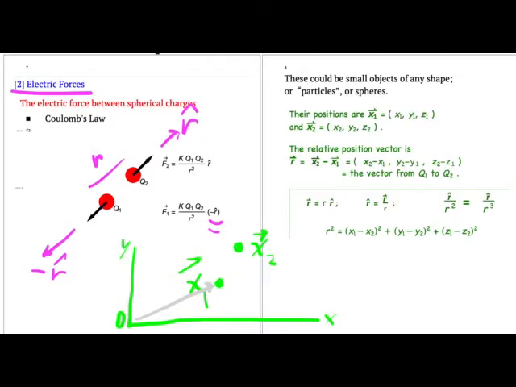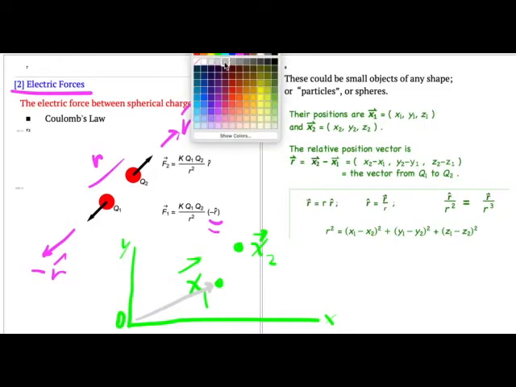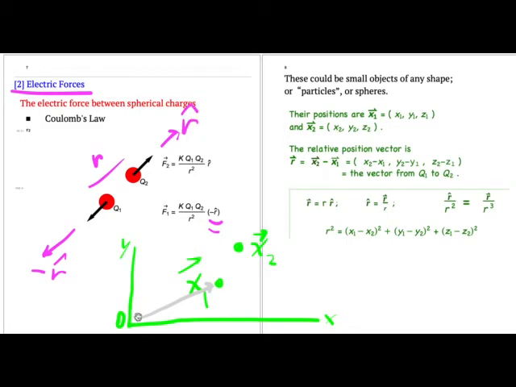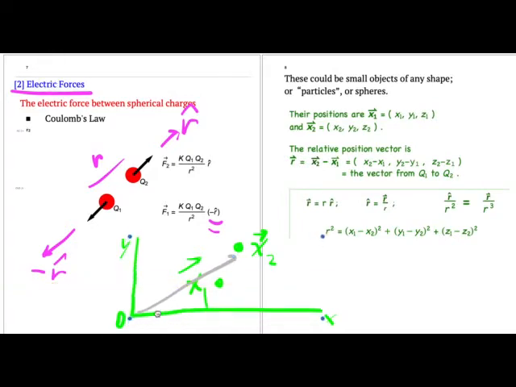Let's draw the vector x2. x2 is the vector that goes from the origin to the position of the second charge. Here's my coordinate system.